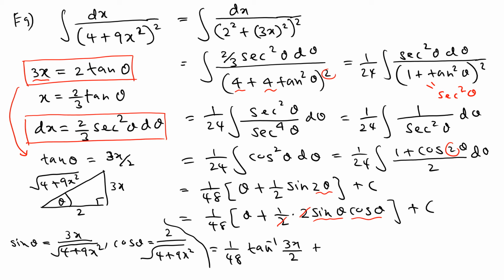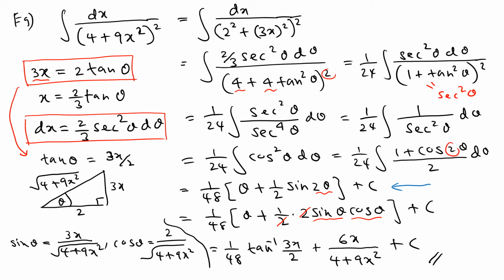We're going to substitute for those two, and once you substitute and simplify, because the square roots cancel out, you simply end up getting 6x over 4 plus 9x squared plus c. So that's the answer for the problem. It's just basic simplification, but that's what we consider the final answer. And do not just substitute for theta in this line. I know some people try to do that, but that's not fully simplified.